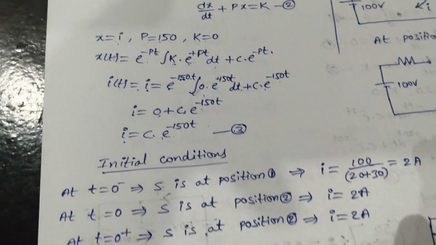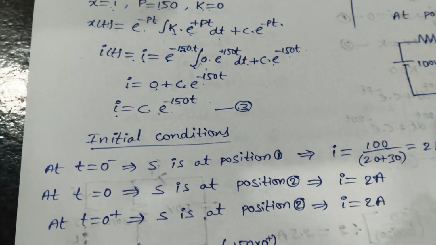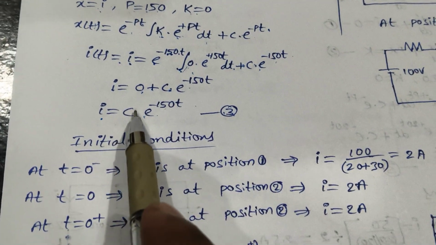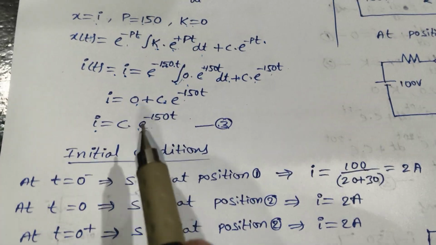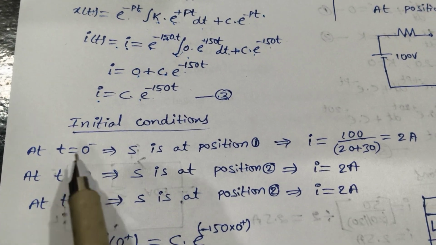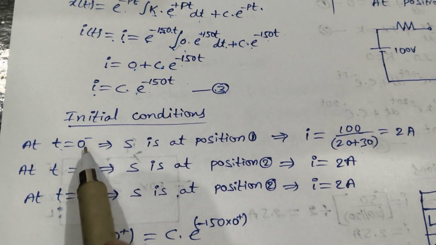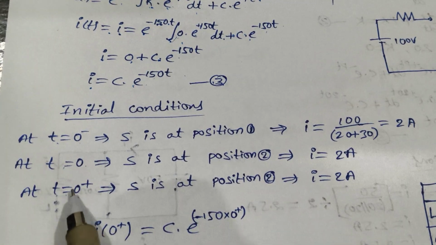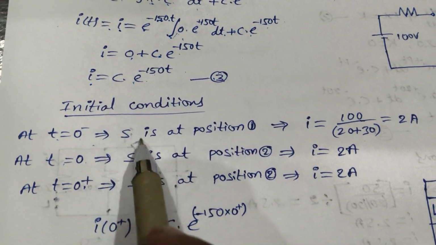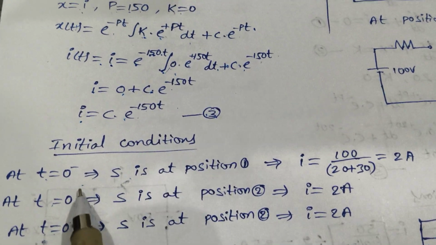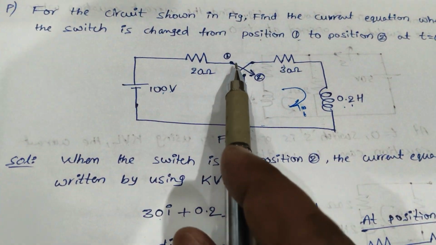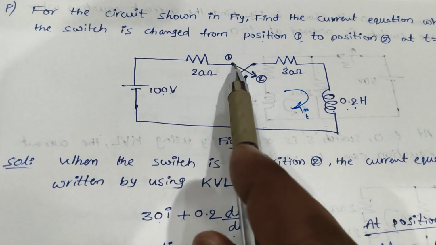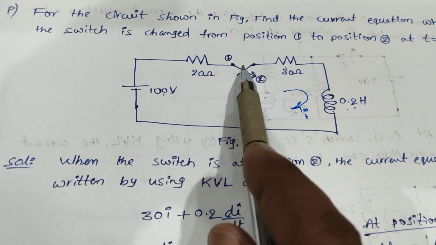Then the fourth step is to use the initial conditions, because in this equation you have one arbitrary constant, c, that you need to find out. What are the initial conditions? T is equal to 0 minus and t is equal to 0 plus. What is the position of the switch? At t equal to 0 minus, before the switch is moved, the switch is initially at position 1.